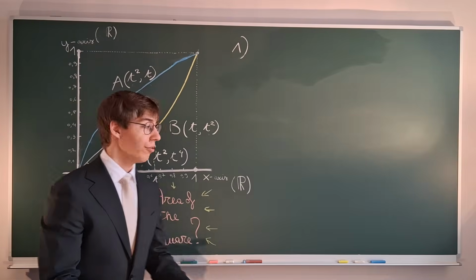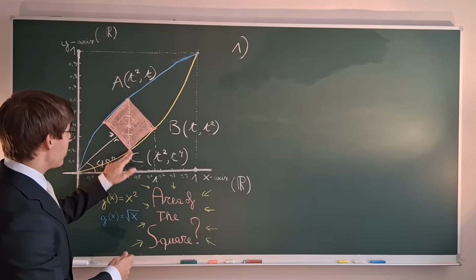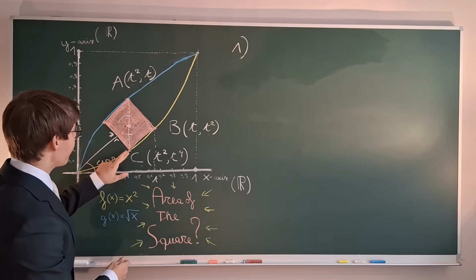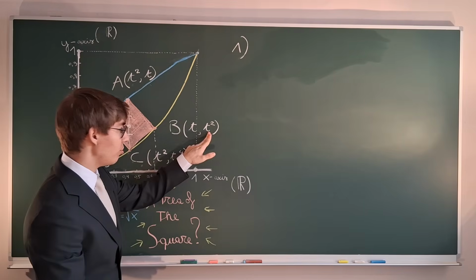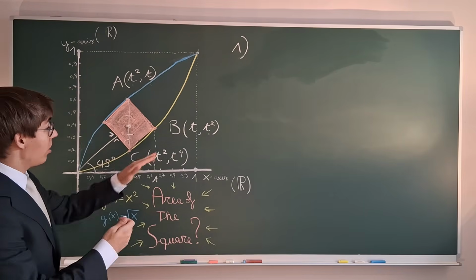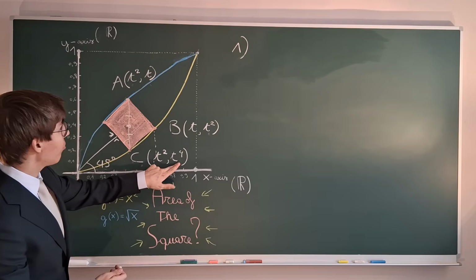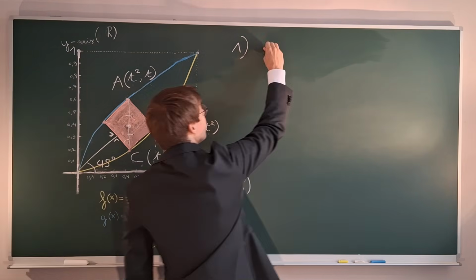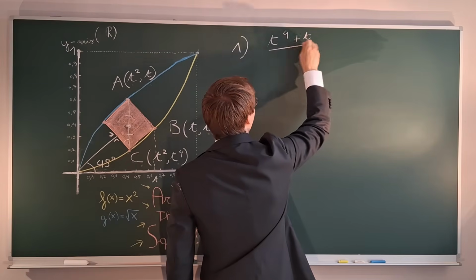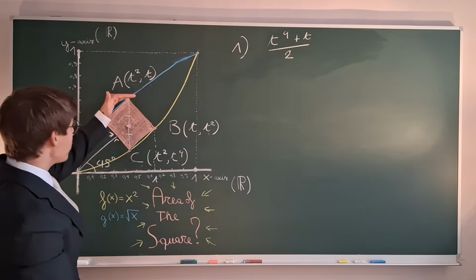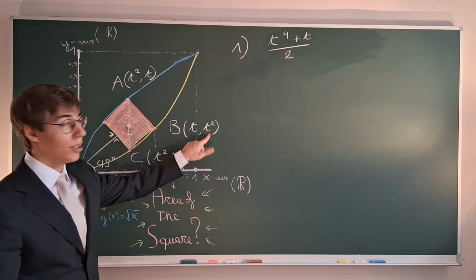Now the first way to solve for t is to notice that this is the midpoint of C and A, and that the y-coordinate of this point is equal to t squared. So we get that t to the 4th plus t over 2 must be equal to t squared.